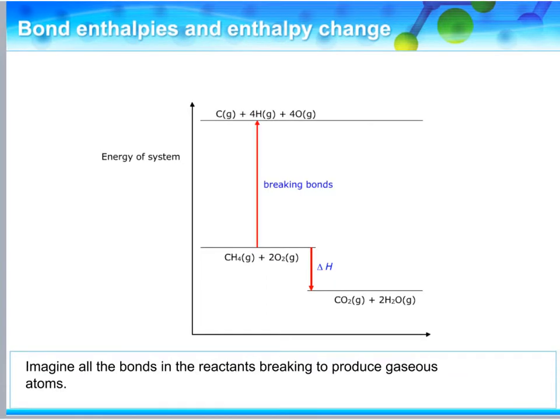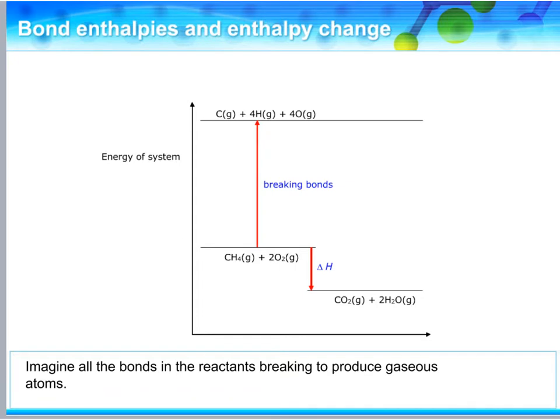So if we move on, what we're effectively doing is we're breaking all of the bonds in the methane molecules and all of the bonds in the oxygen molecules to release the free atoms in the gaseous state.